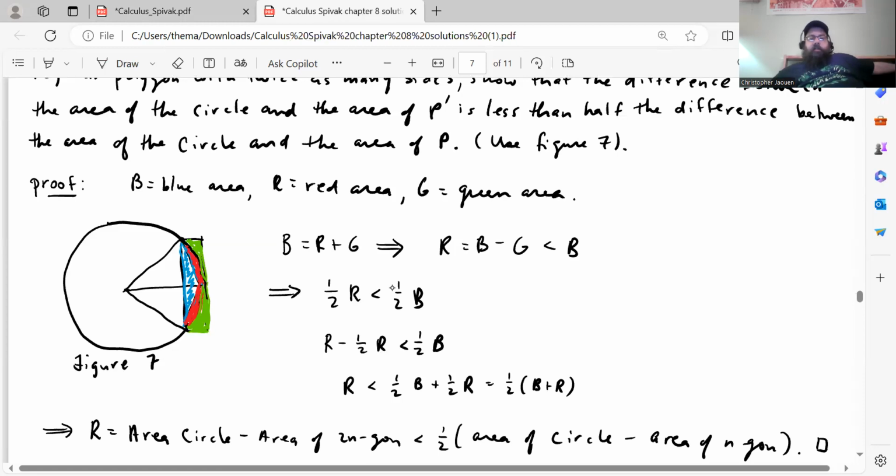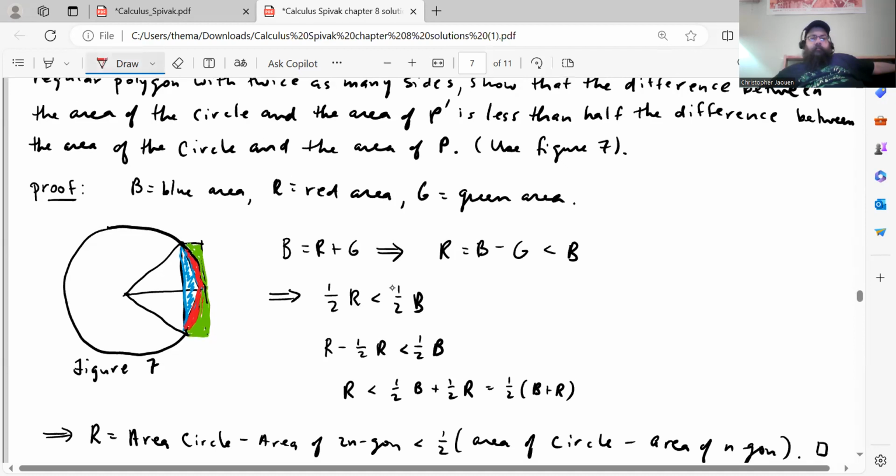If you multiply the inequality over here by 1/2, you get 1/2 R less than 1/2 B. 1/2 R is the same thing as R minus 1/2 R, which is less than 1/2 B. And then you just add 1/2 R to both sides. That shows that R is less than 1/2 B plus 1/2 R, which is the same thing as half of B plus R, the blue area plus the red area.